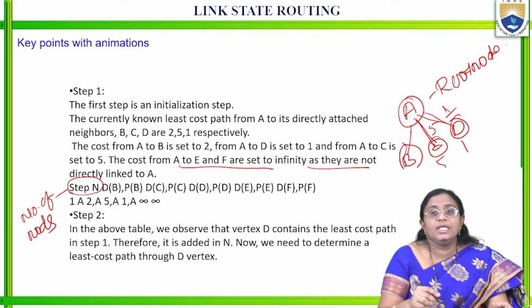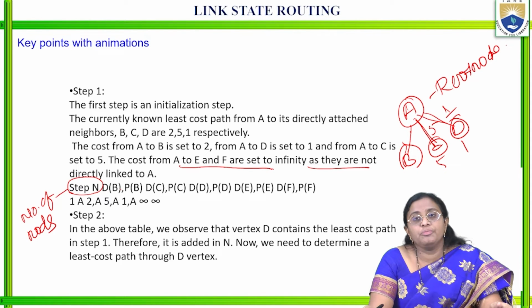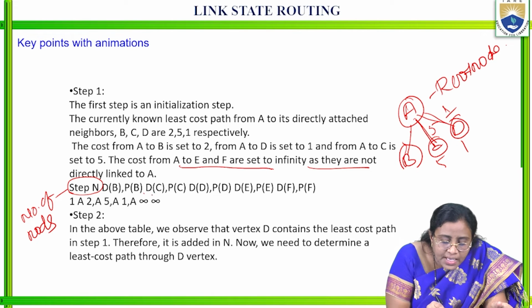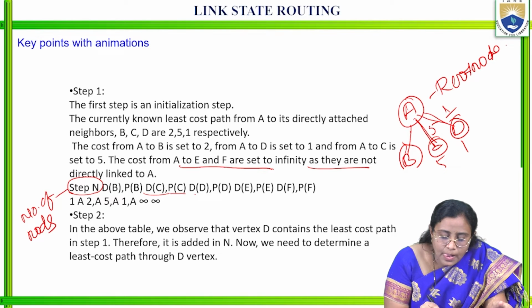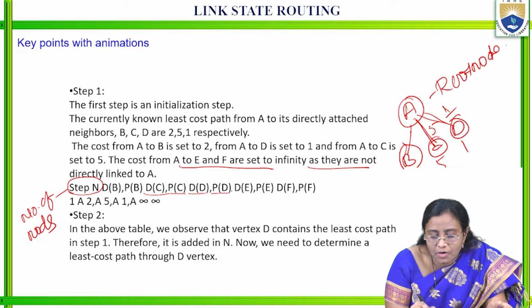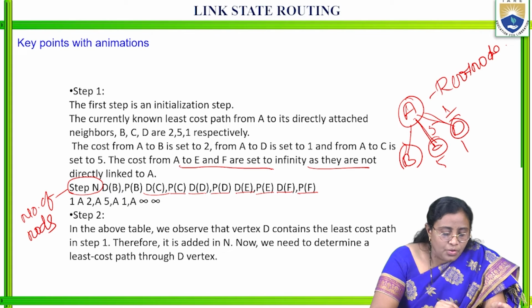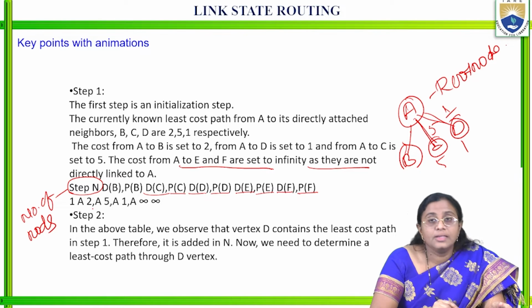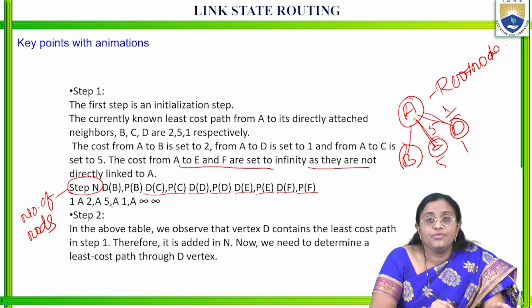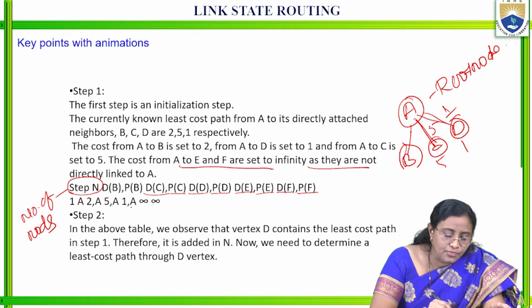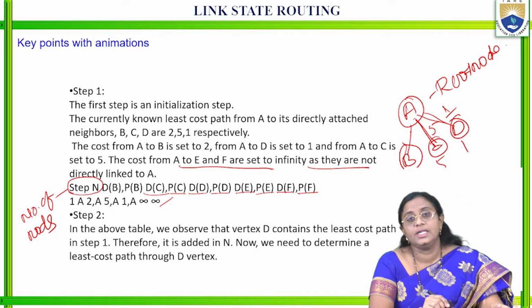That means D(B) and P(B), D(C) and P(C), D(D) and P(D), D(E) and P(E), D(F) and P(F). That is, D(B) is 2 with P(B) equal to A, D(C) is 5 with P(C) equal to A, D(D) is 1 with P(D) equal to A, and D(E) and D(F) are infinity.